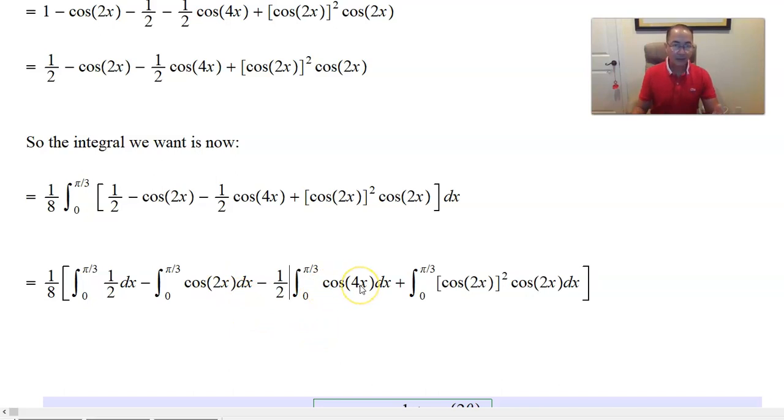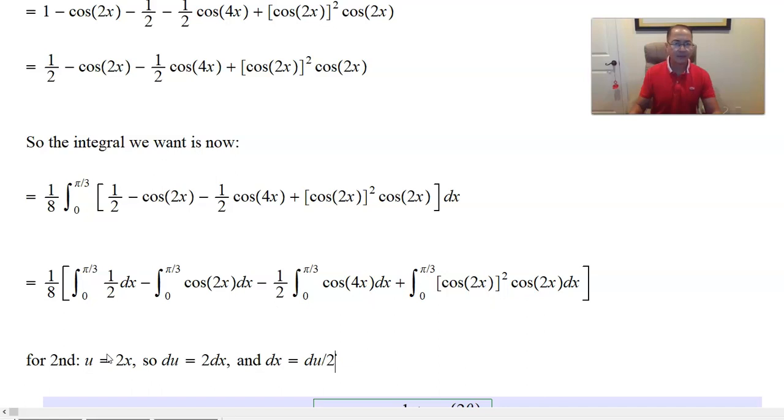These are easy to integrate, but we need a small u substitution. u is 2x. So for the second, u is 2x, so du is 2dx, and dx is du over 2, 1/2 du.